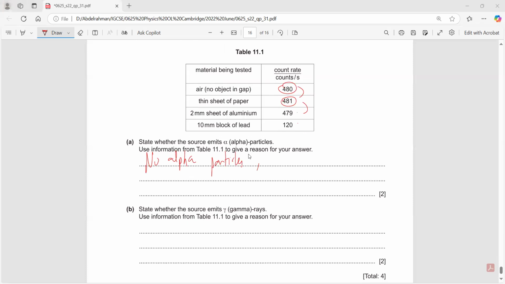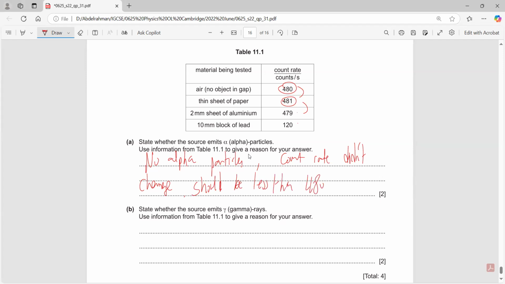It should have decreased significantly. So you can say that the count rate didn't change. It should be less than 480.